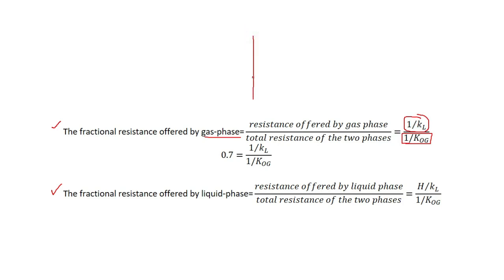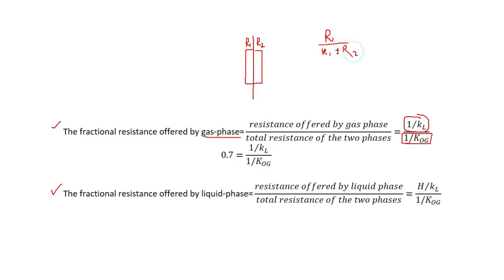If this is an interface, this is the gas phase resistance and this is the liquid phase resistance. What is the fraction? Let's say it is R1 and it is R2. So how will you find the fraction? You will divide R1 by R1 plus R2.